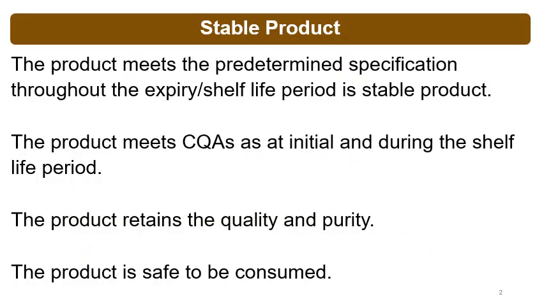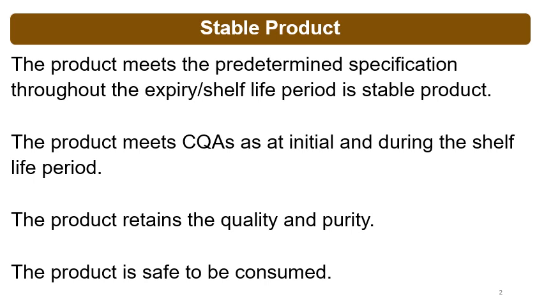First of all, we will see the basics. When you can say that the product is stable or when you can say that product is not stable. So I have considered USP chapter for this definition and information. The product which meets the predetermined specification throughout the expiry period or shelf life period is a stable product.